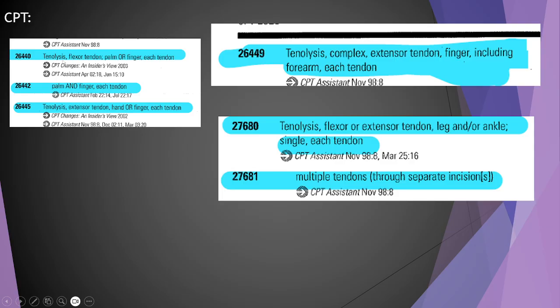After that, we have to check whether it is tenolysis, tendon graft, tendon transfer, or repair. So we have to check all these things. So it is tenolysis, complex extensor tendon of the finger, including forearm, each tendon. So these are the CPT codes for the tenolysis.